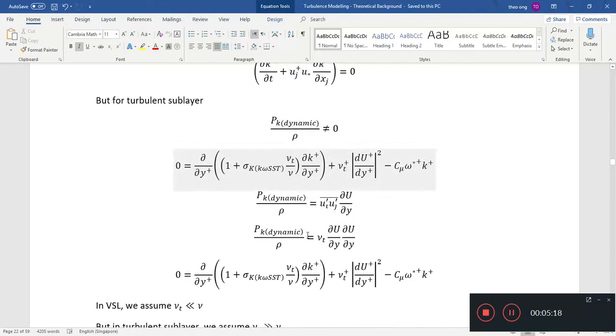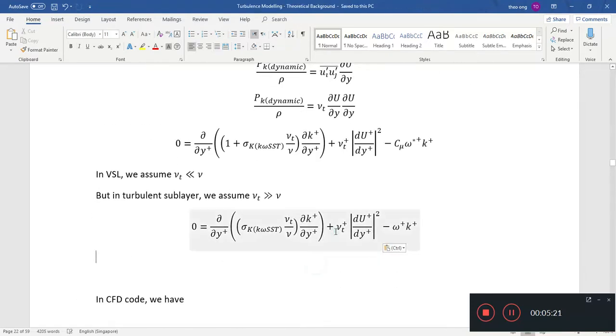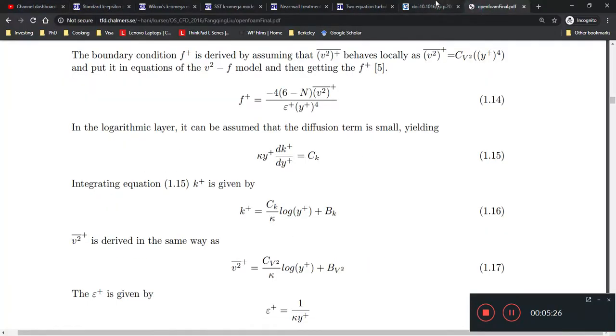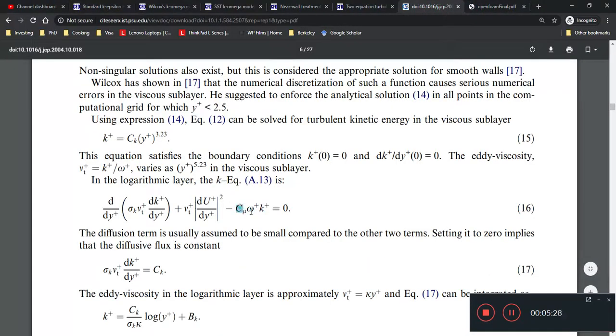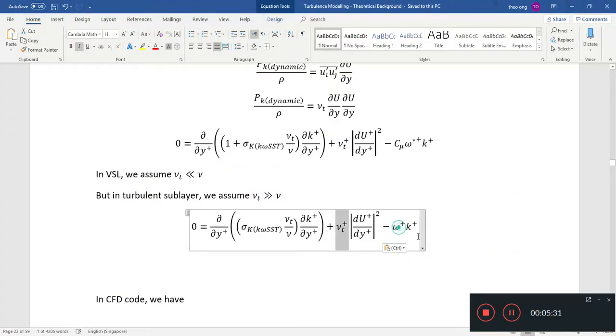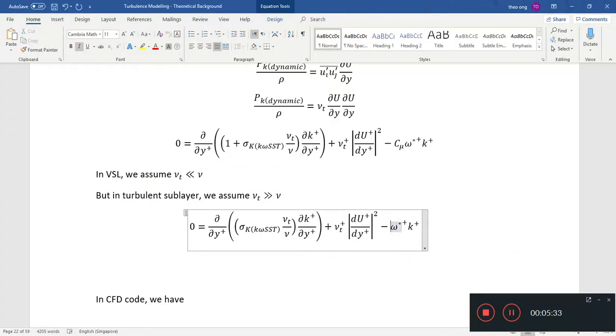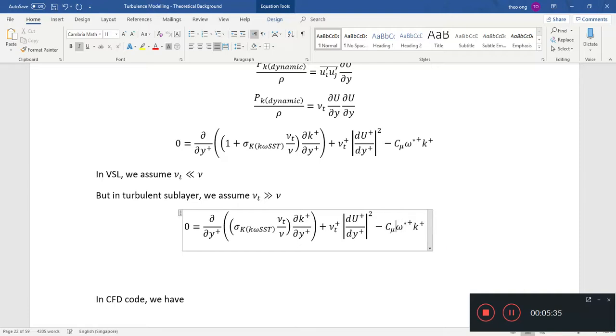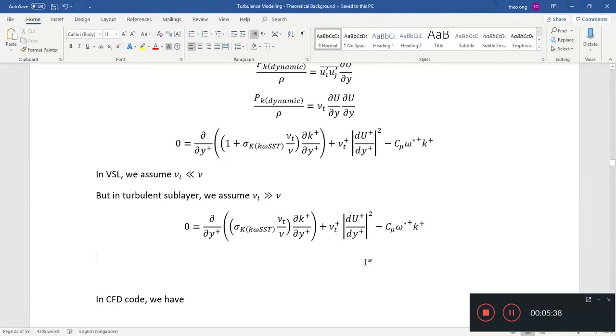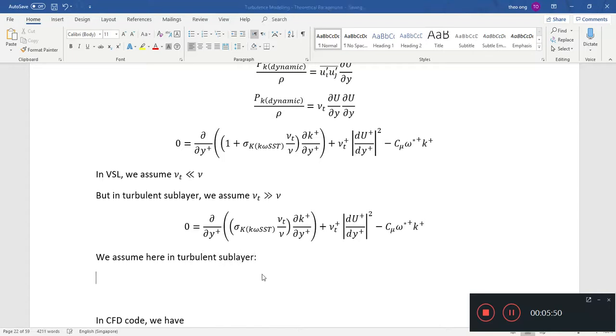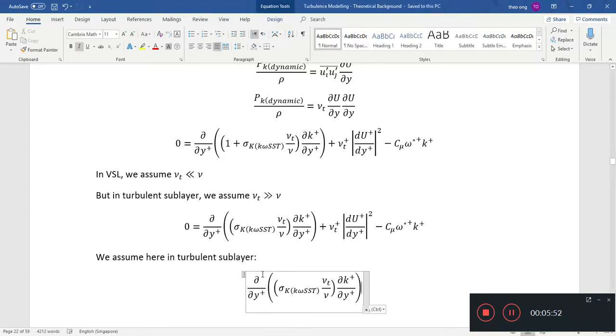So that's how we get this equation here. Of course, let's change this to omega star and C mu over here. So we assume here this term is small in the turbulent sublayer, especially compared to this.